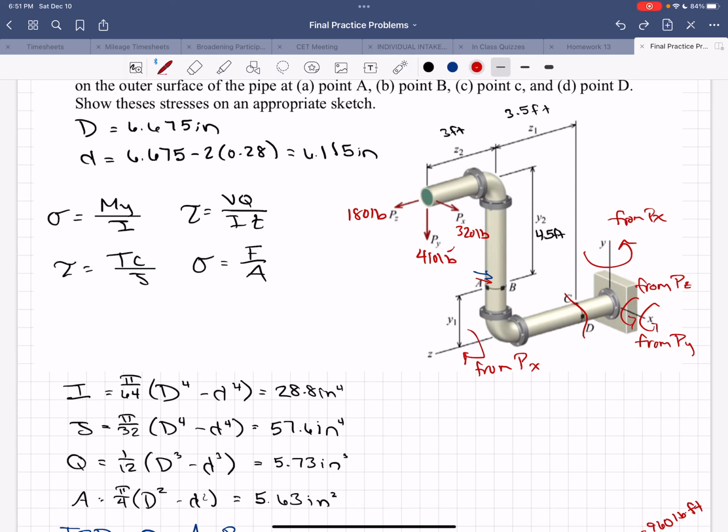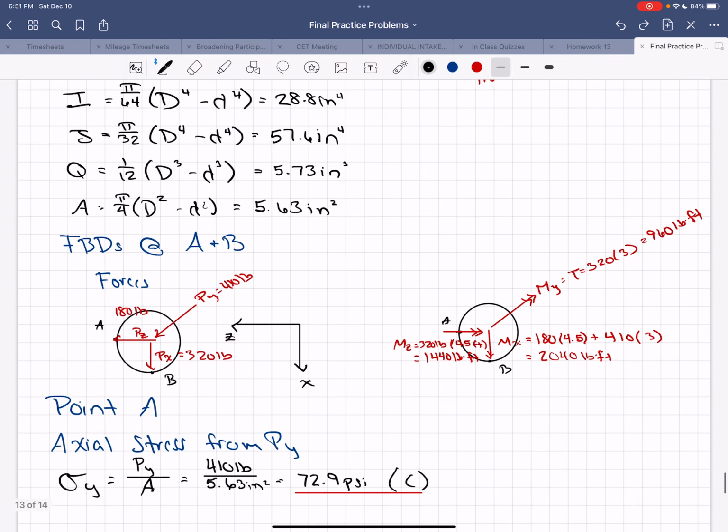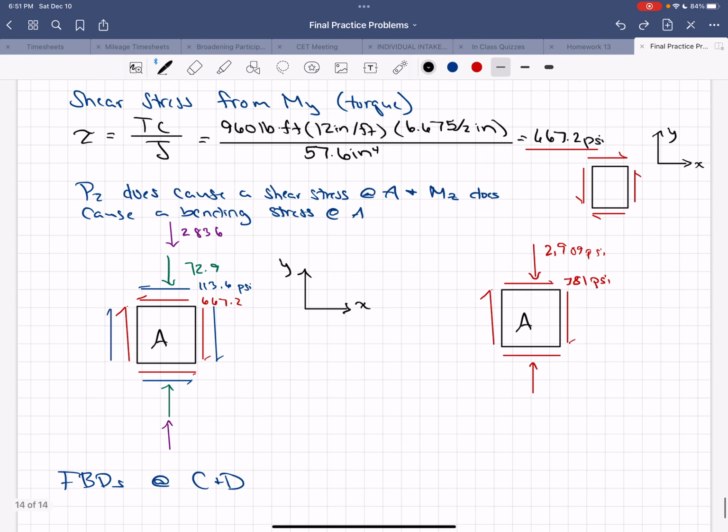So we're going to have a free body diagram of forces and a free body diagram of moments.